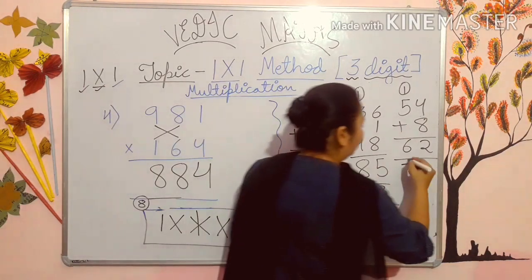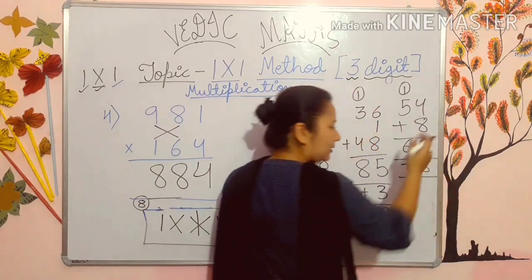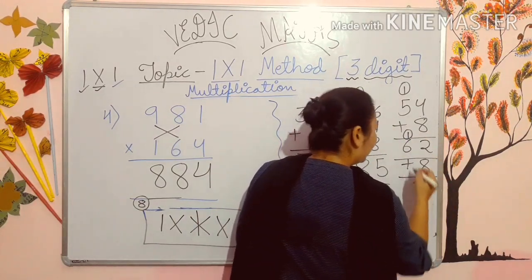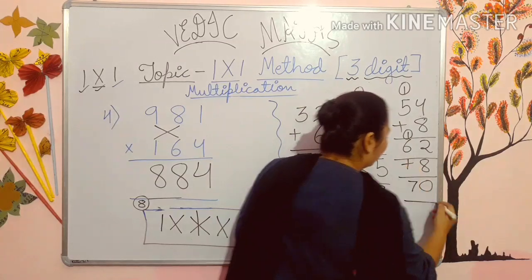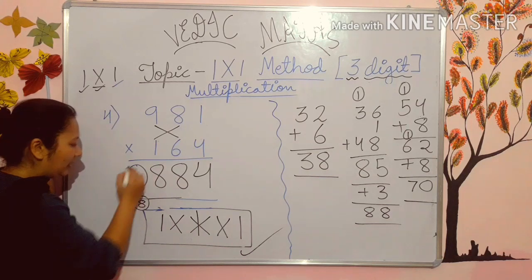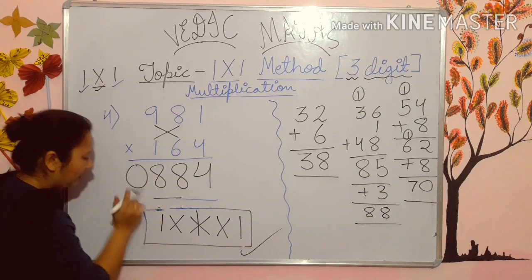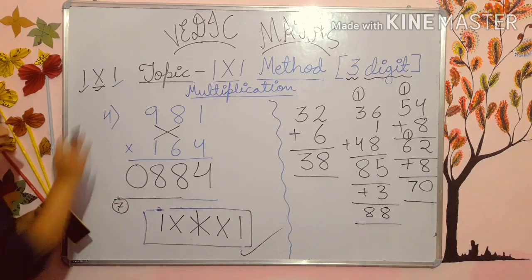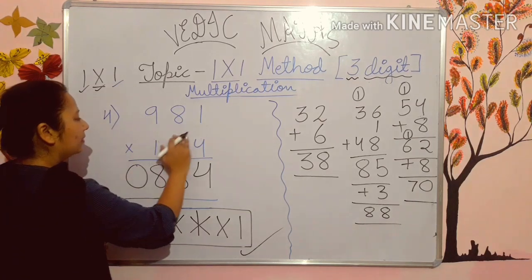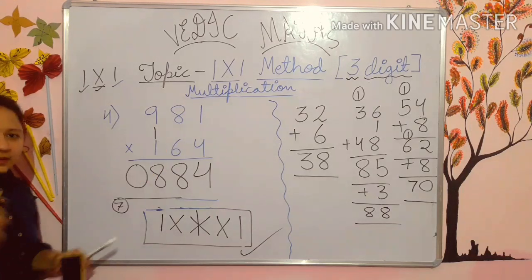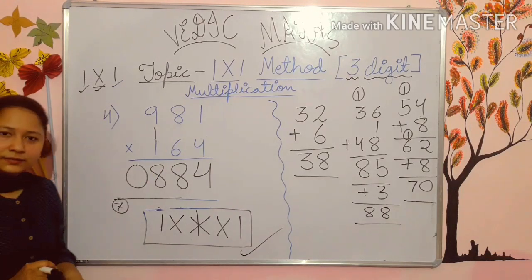So add 8 also. 8 plus 2, 10. 0 here, 1 will go carry. 6 plus 1, 7. So it is 70. 0 will come here and 7 will go carry. Now your last is I. 9 ones are 9. 9 plus 7, 16.